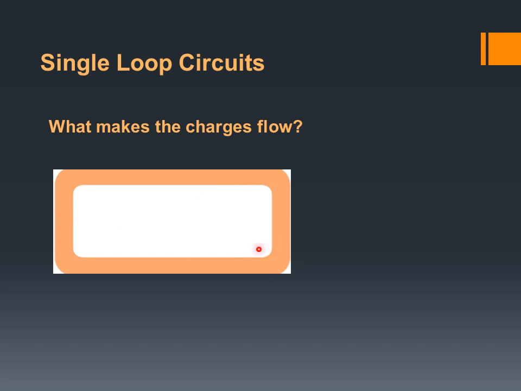We say that the battery provides an electric field, and that electric field causes the motion of electrons. But in terms of energy, we say that these electrons gain some energy, and all of them have the same energy, and they start moving in a particular direction.